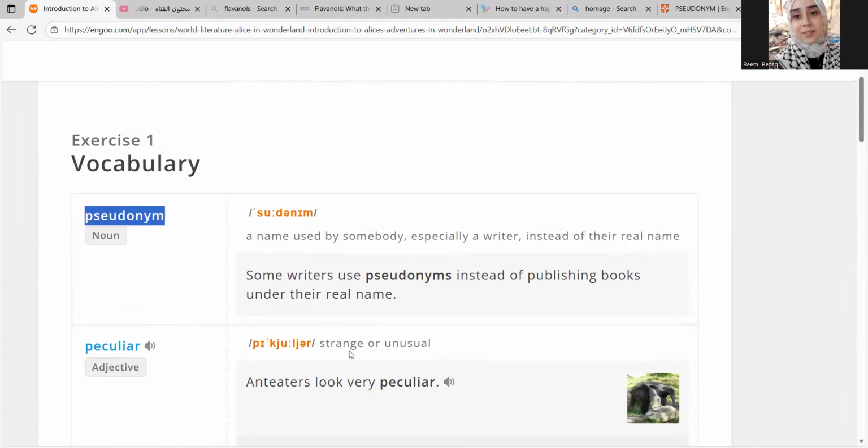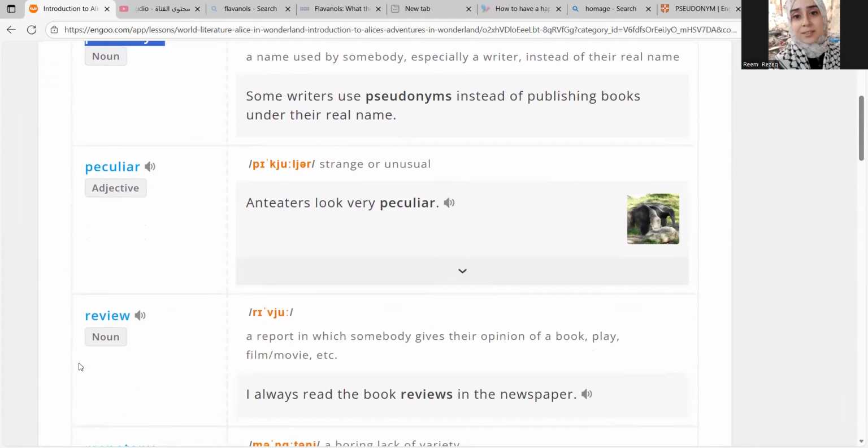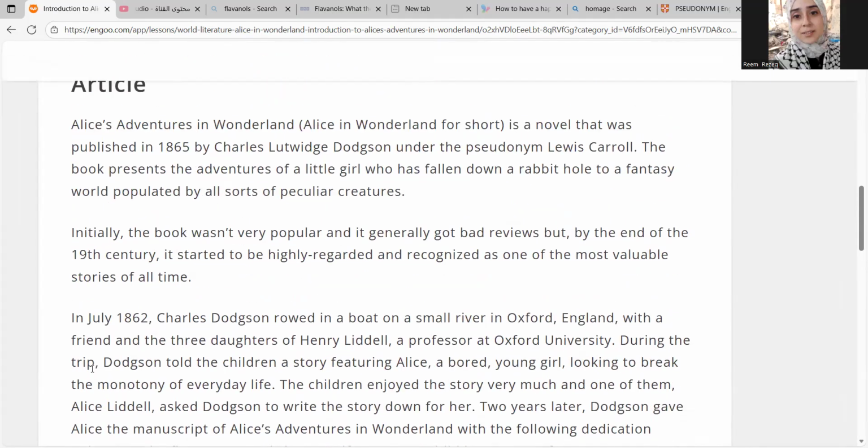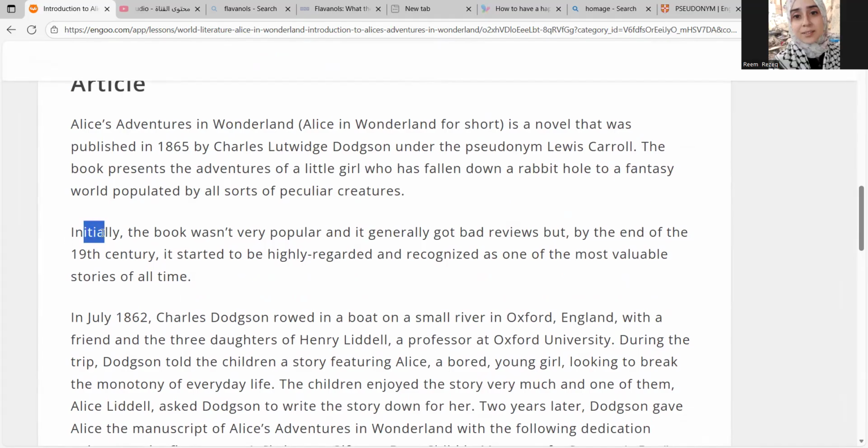So here, all of these words we pronounced before, okay? Initially, okay? The book wasn't very popular. It generally got bad reviews, but by the end of the 19th century, so you have to stop when you read it. So look at me.